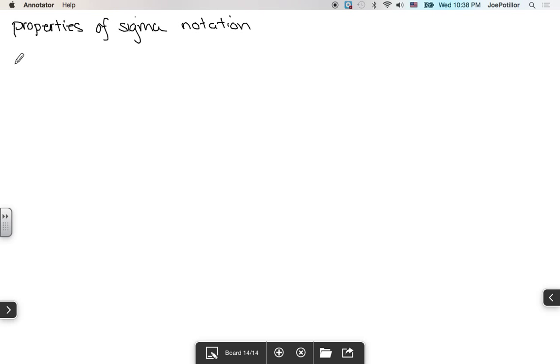The first one, the sum from k equals 1 to n of some constant c is equal to c times n.